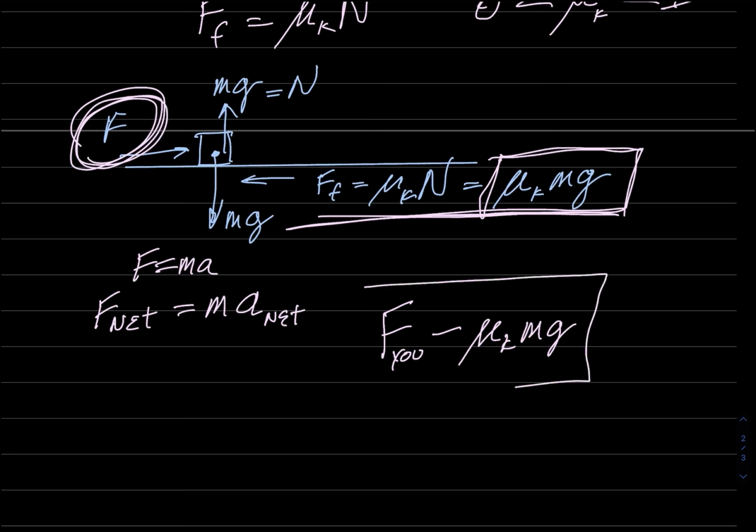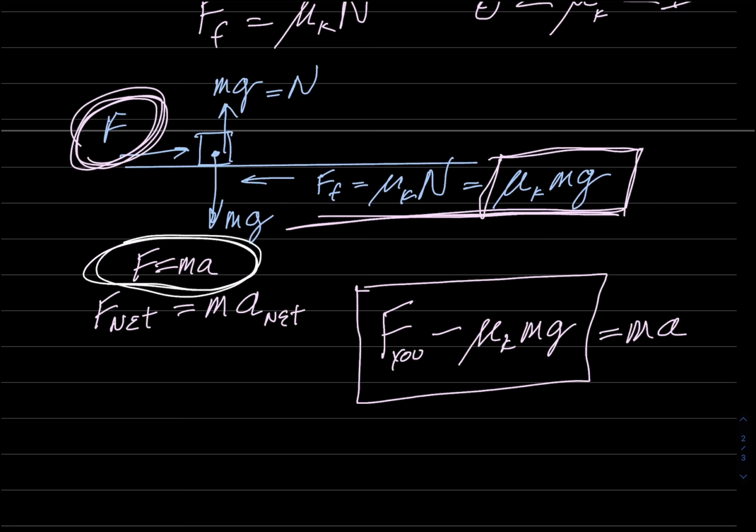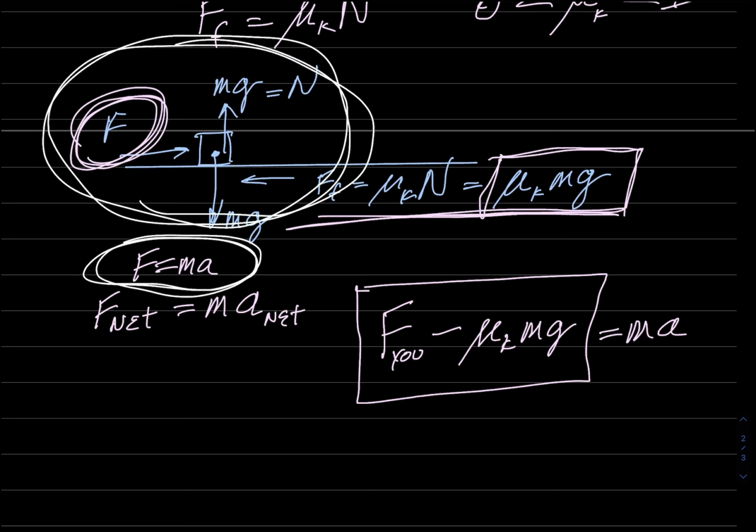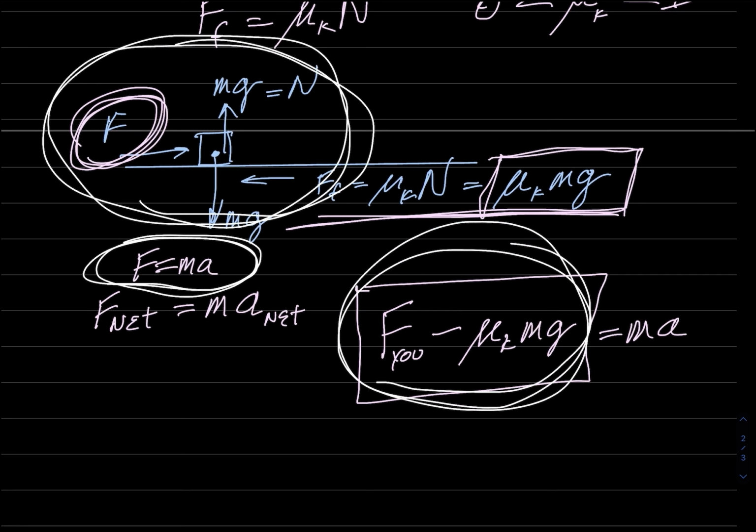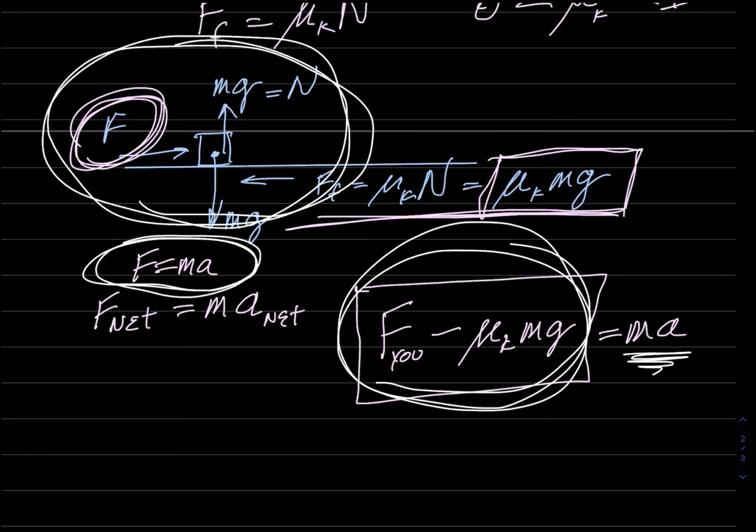So that's the net force on the box, and that will be the mass of the box times the acceleration of the box. F equals ma is one of those equations that will save you frequently in this course. And all we did was draw a free body diagram, figure out what the unbalanced forces are, and we can come up with the equation of motion. So that's easy enough. A couple other points about that.